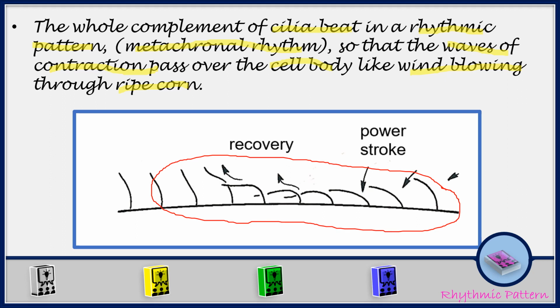It is a rhythm, and this rhythm is moving along the whole cell body. It is a result of the contraction of the cell wall, as if wind is blowing through, and then you will see all the cilia bending, moving, and it flows in that direction along the cell wall.